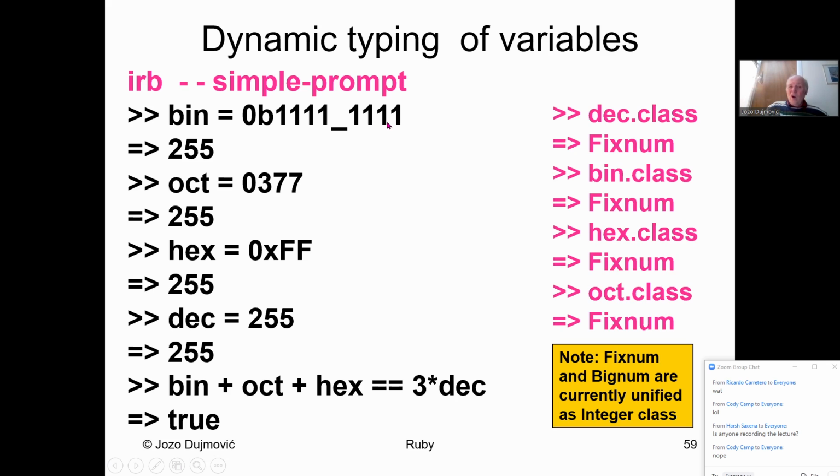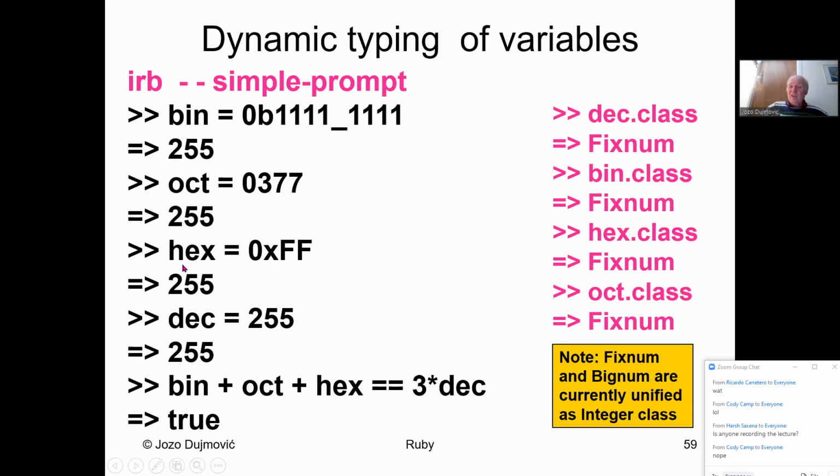This is 8 ones. You can also write that as an octal number. The prefix 0 says this is an octal number. 377 is again equivalent to the binary content, which is 255.